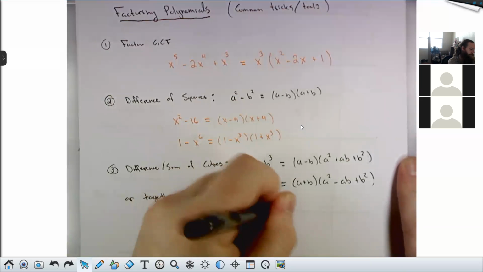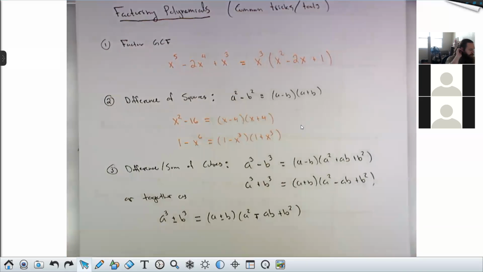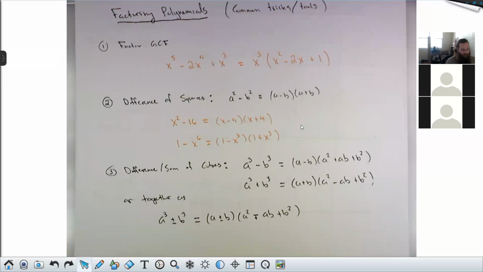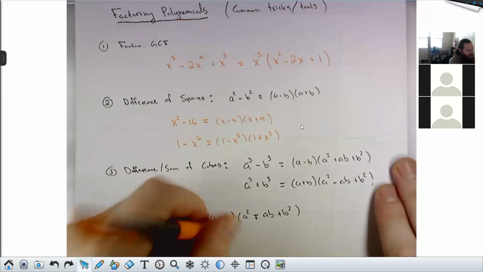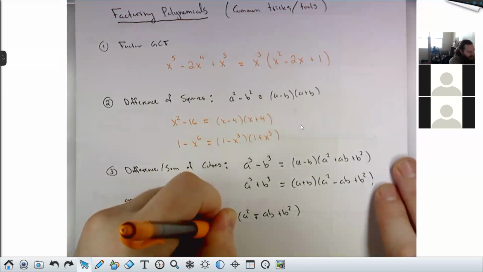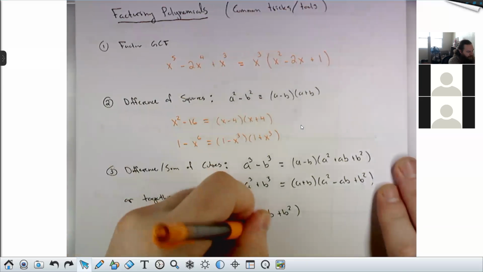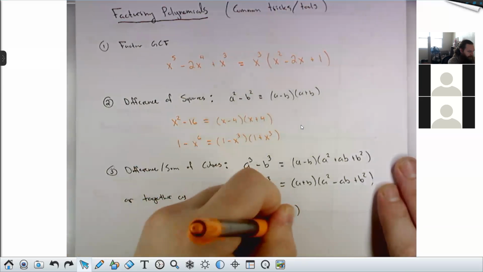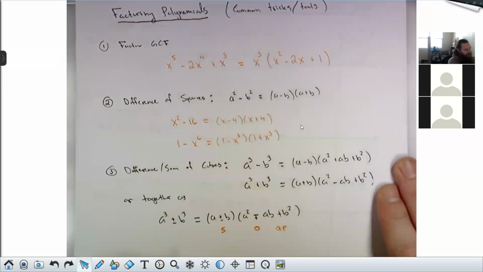As a cubed plus or minus b cubed equals a plus or minus b times a squared minus or plus ab plus b squared. The way you remember this is by remembering the shape and using the acronym SOAP. S standing for same, O standing for opposite, AP standing for always positive. So people remember this as SOAP.